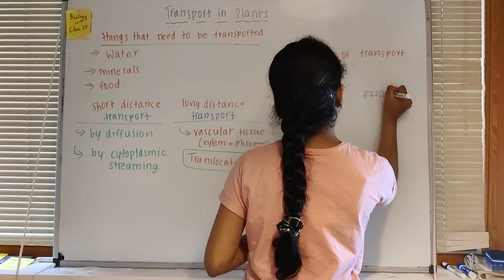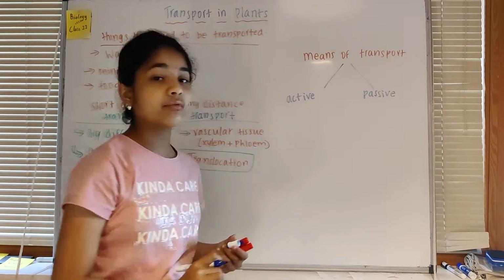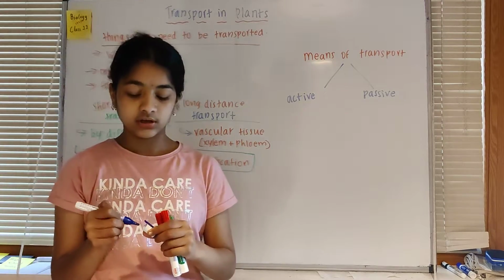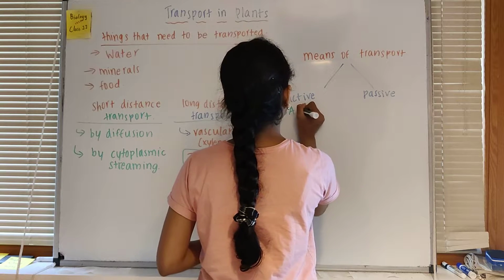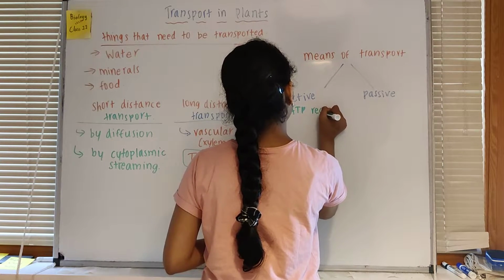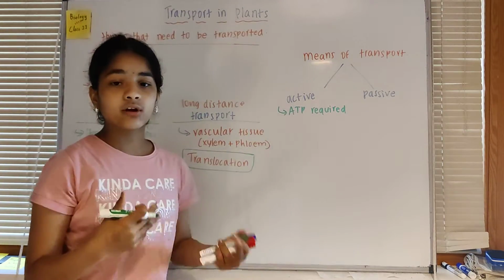As the name suggests, active, we all know what an active process is. It takes place with the expenditure of ATP molecules, that is energy. So ATP is required for the active means of transport.